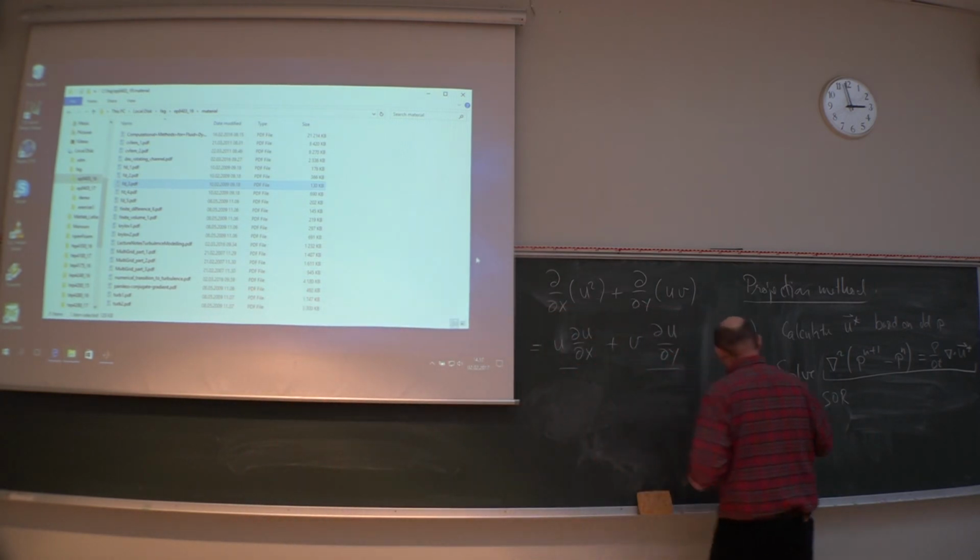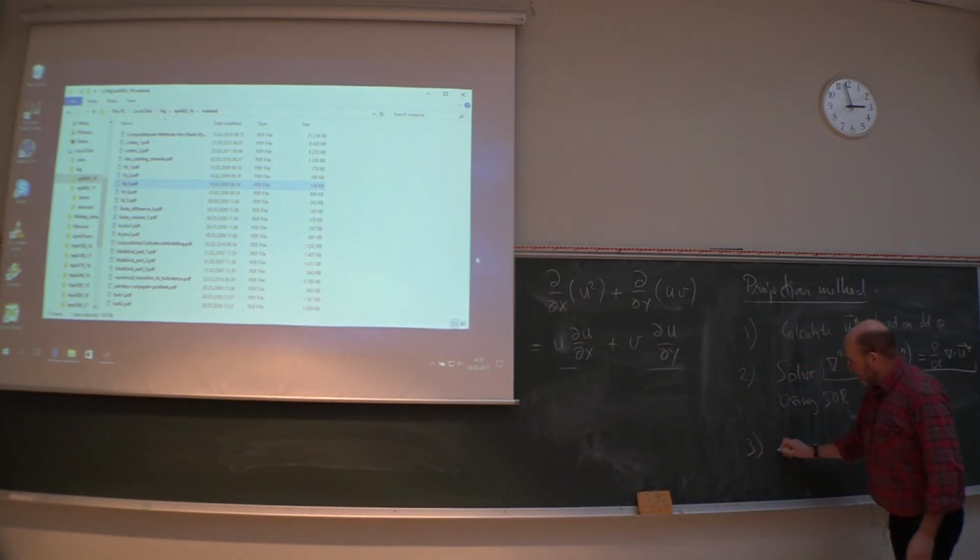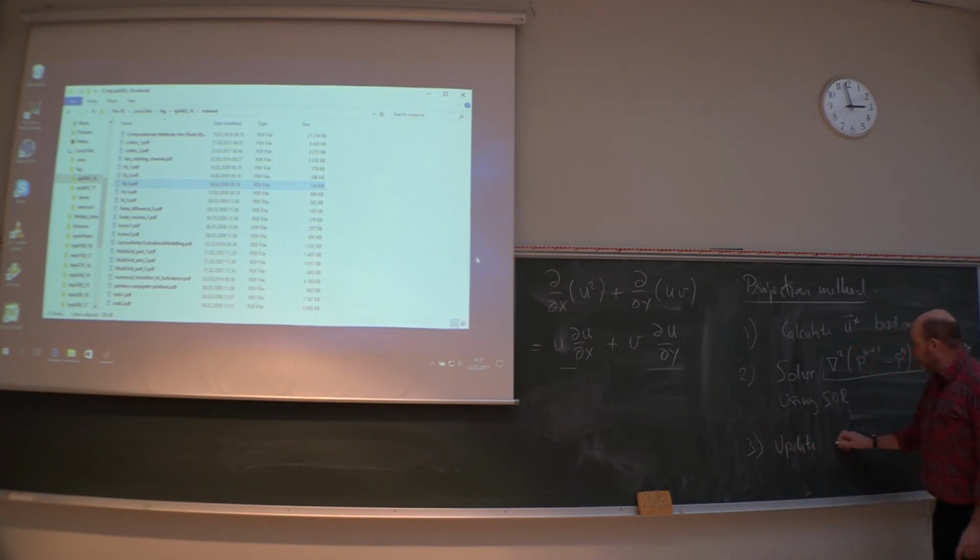And then finally update the velocities. U n plus 1 based on the solution here.